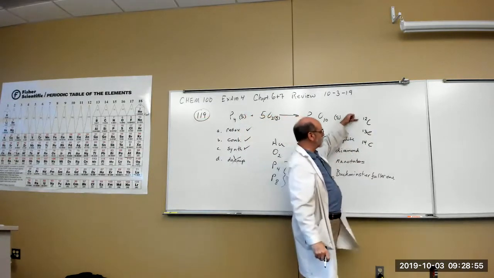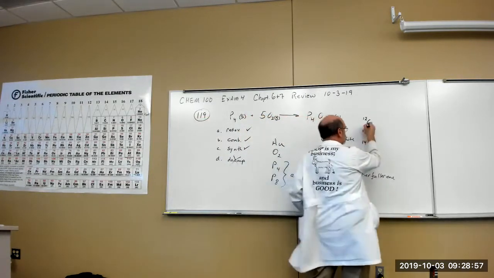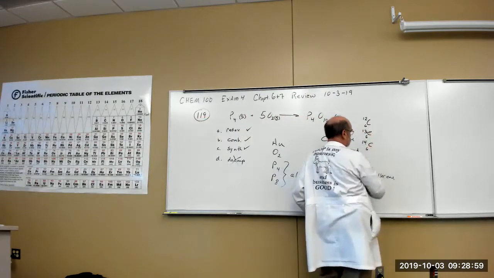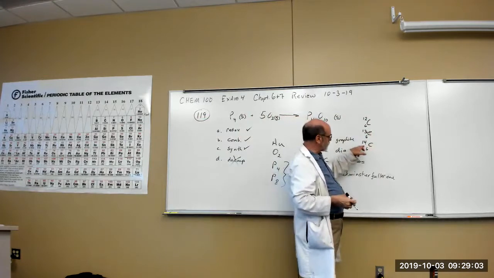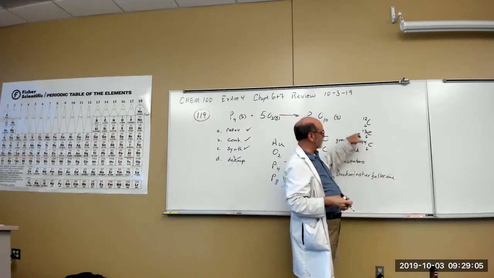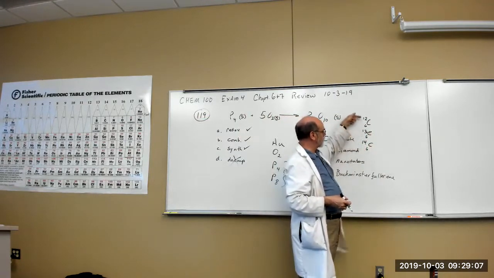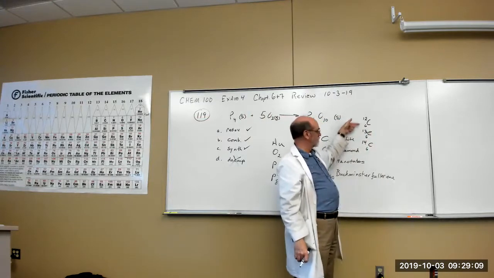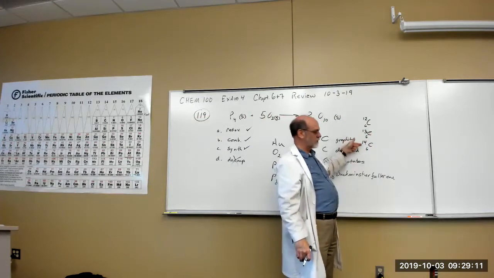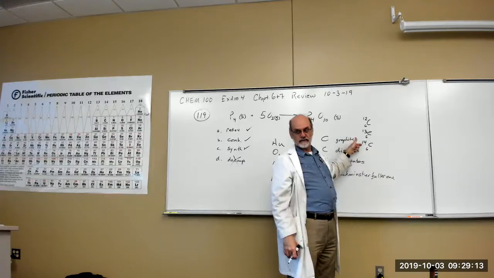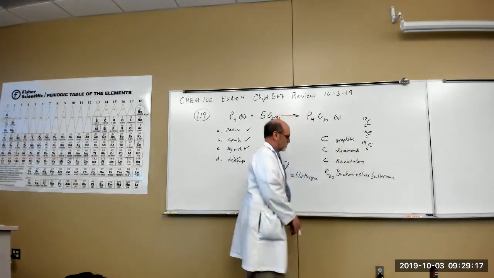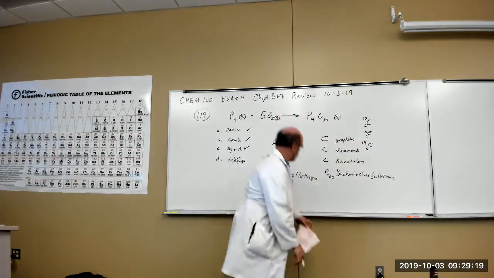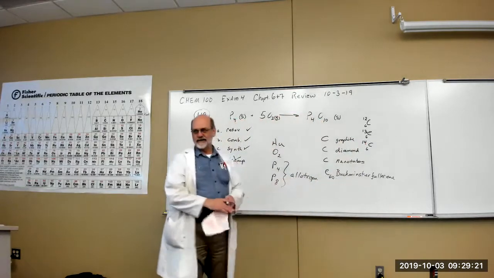The mass number is different. Now, they each have 6 protons, right? That's why they're carbon. But they have different numbers of neutrons, which makes the mass number different. So this one has 6 neutrons. This one has 7 neutrons. This one has 8 neutrons. Same number of protons in the nucleus. Yeah, they sound alike, but they're not.